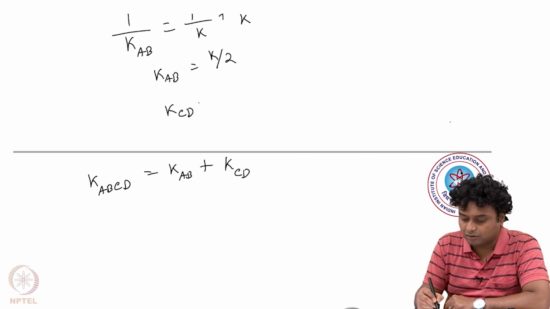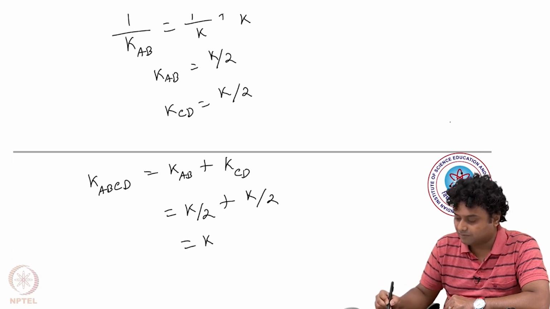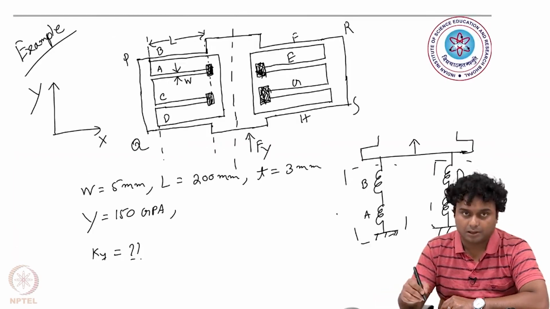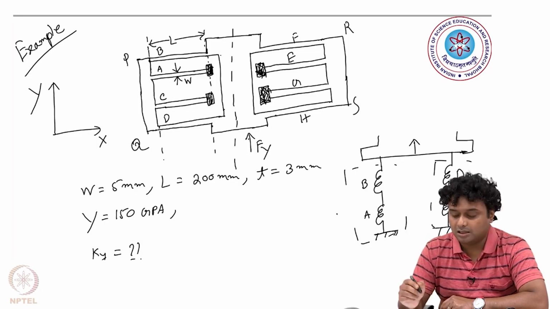Similarly, KCD will also equal K by 2, and here we get K by 2 plus K by 2 equals K. The stiffness constant on one side is K. Now this stiffness constant K is for one side, right, and for the other side we have exactly the same structure. So EFGH, all these beams will also have the same stiffness constant, that is K.